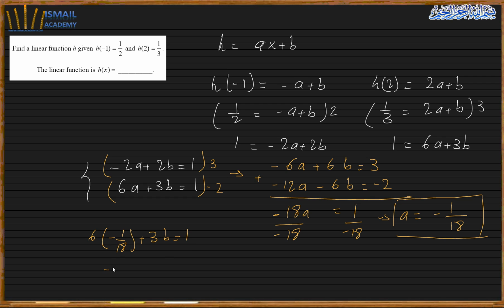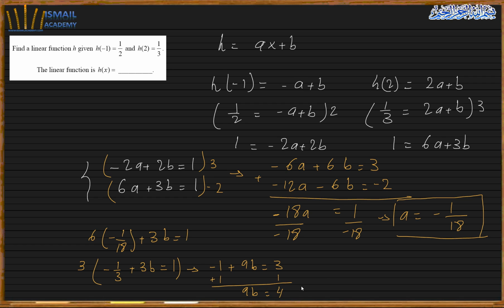So here I will have minus 1 third plus 3b equals 1. If you don't want to deal with the fraction, multiply by the denominator. So I will have minus 1 plus 9b equals 3. So I will add 1 both sides. So I got 9b equals 4.